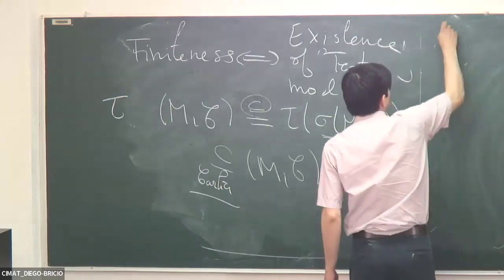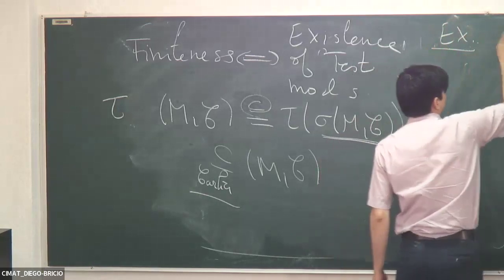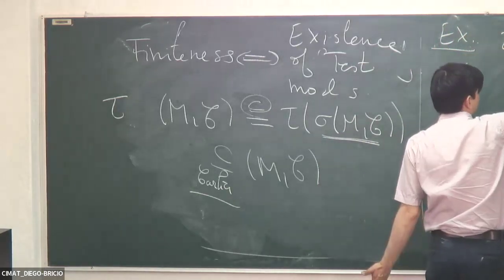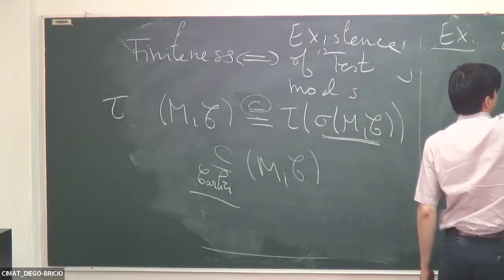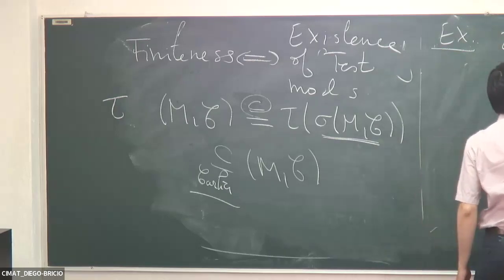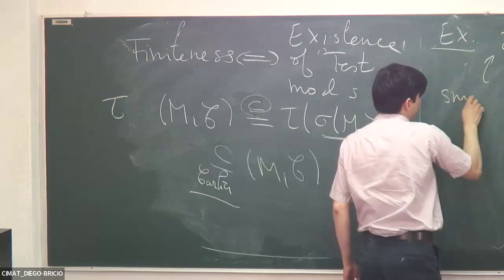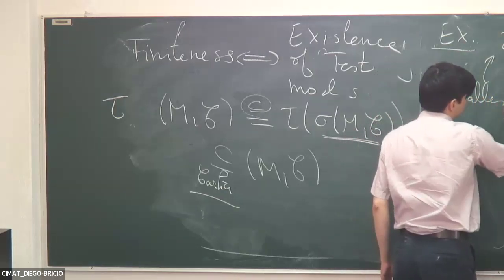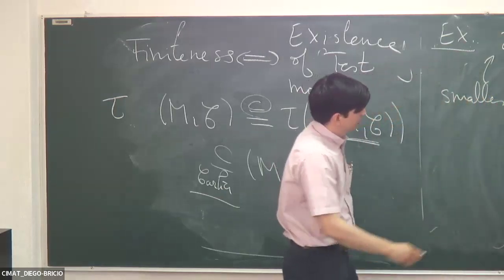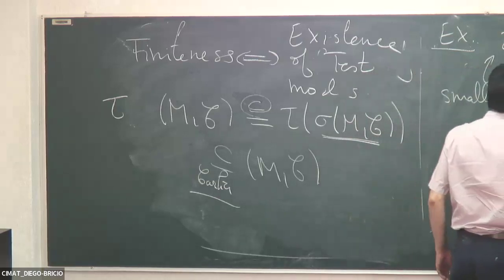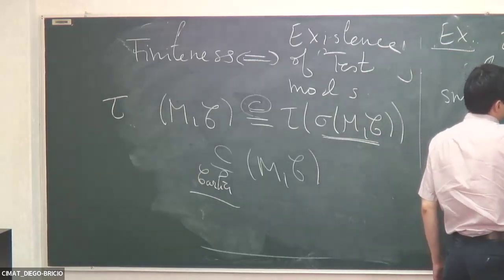So for example, the most important example to consider here is a test module that is going to become an ideal of a pair like this. In this case, this was the smallest ideal. Well, now it's going to become a non-zero ideal.